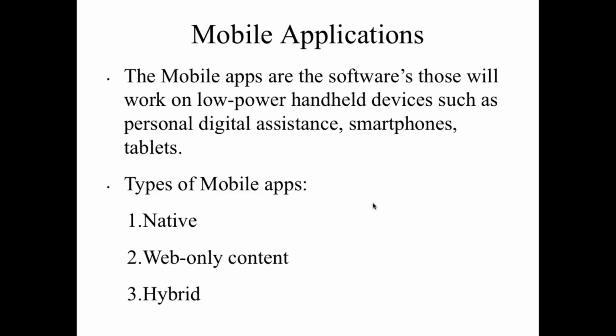In native applications, mainly we use the default UI components that the SDK provides, like button, labels, text fields, web view, image view. These are the different components we have to use in our application development. If you develop any application using the default components that Apple provides, those are called native applications.